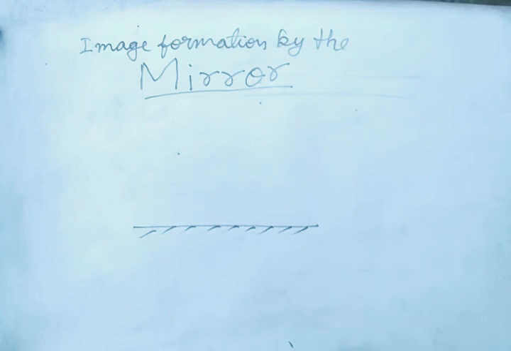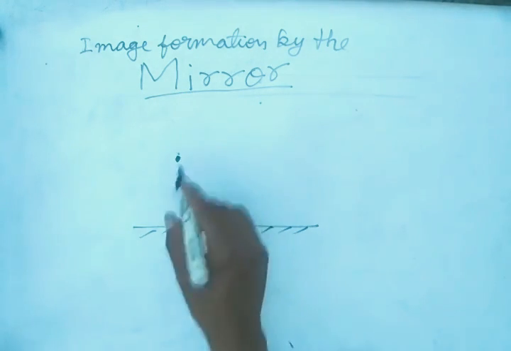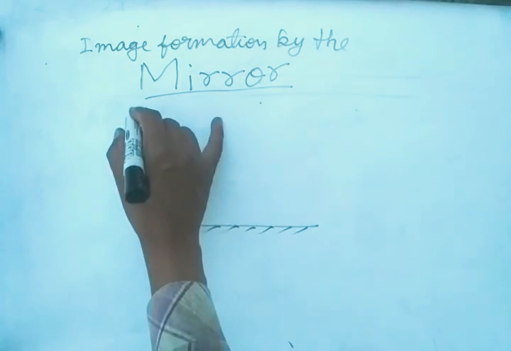Next is image formation by the mirror. First we will see how we can draw the image diagram of a dot. We will call it O, object O. This is for the point object.